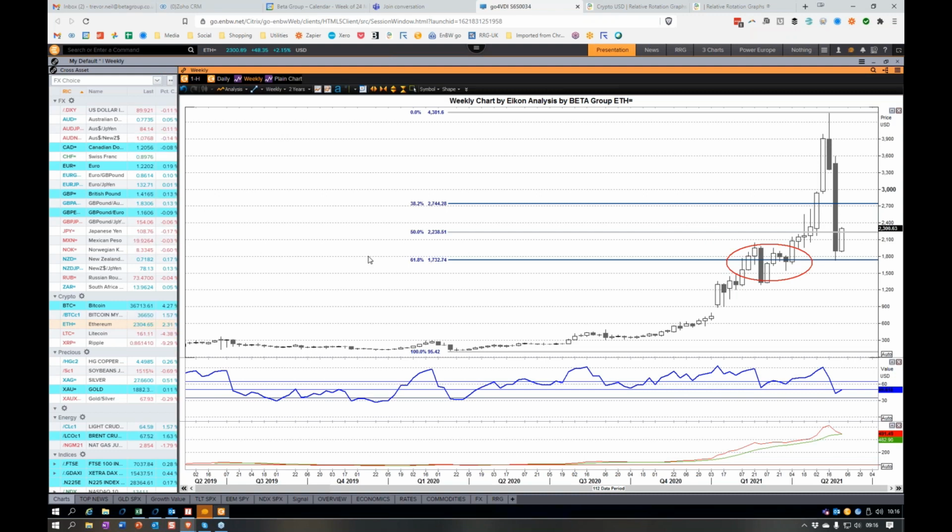Again, the weekly, 1,800 is a good support level. We've got this triangle, which is the support that seems to have held it from now. 61.8 on the nose, actually, that it hit on its low, and it's powered up from there. The 50% level hasn't been broken to the upside yet. It probably is going to be broken to the upside.